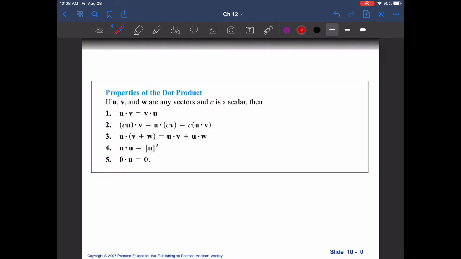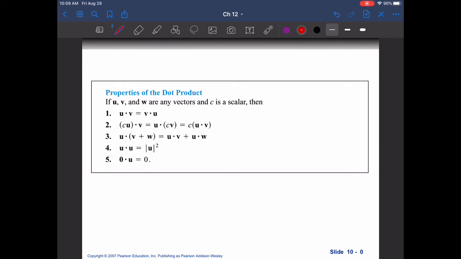Here are some properties of dot products. If u, v, and w are any vectors and c is a scalar, then u dot v equals v dot u. That one should make sense just by thinking about the definition, how you calculate it. c times u dot v is equal to u dot cv, or c times u dot v. So we can do that in whatever order you want. u dot v plus w, you can just distribute it there, u dot v plus u dot w.